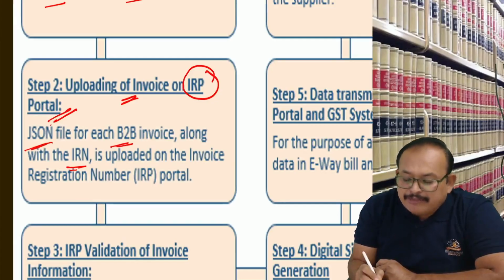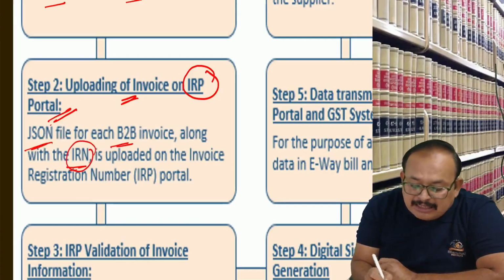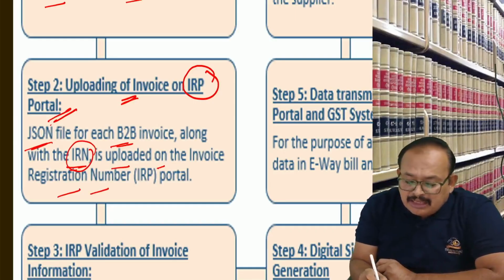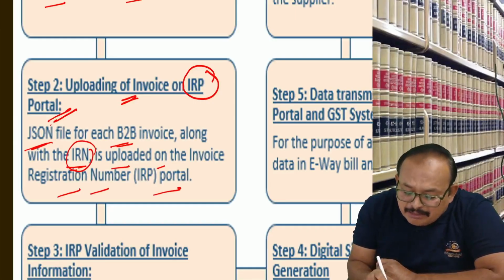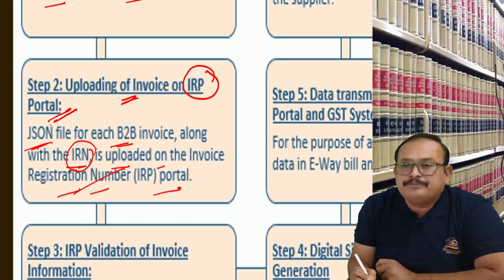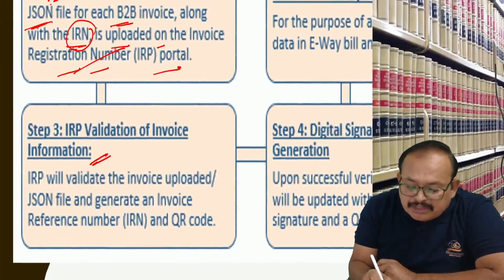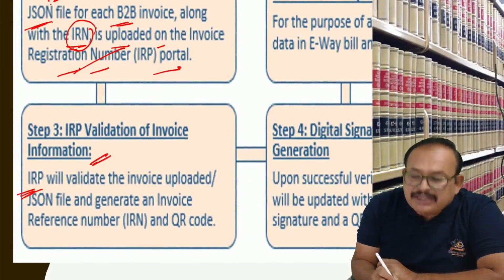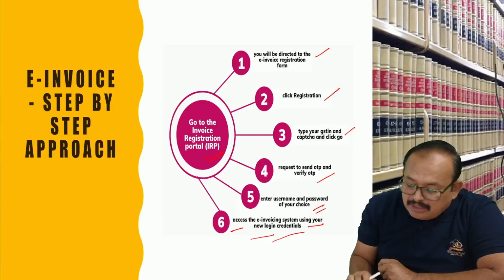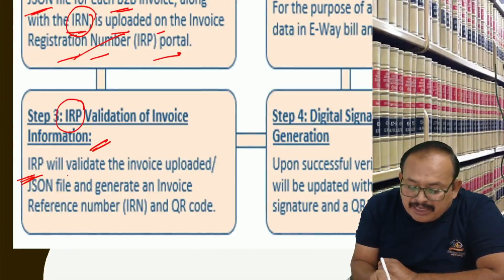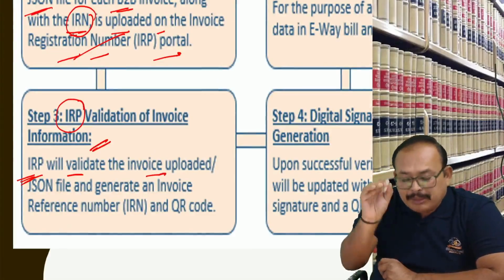Each B2B invoice is uploaded on the invoice registration portal. Further, IRP validation of invoice information: the invoice registration portal will validate whether the uploaded invoice is proper or not.